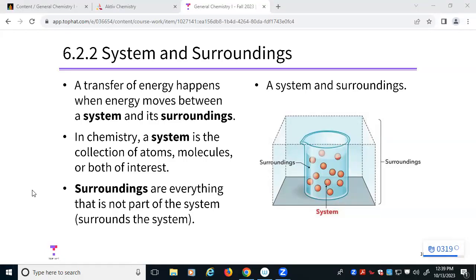Now, one more vocabulary term here for you to consider. When we look at the totality, the system and the surroundings together, what we get is a term referred to just simply as the universe.